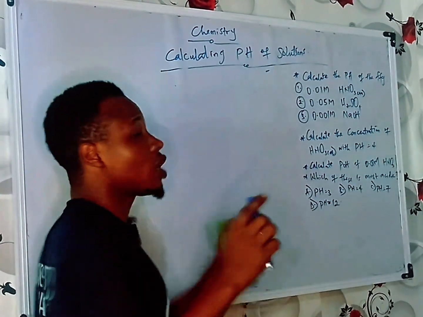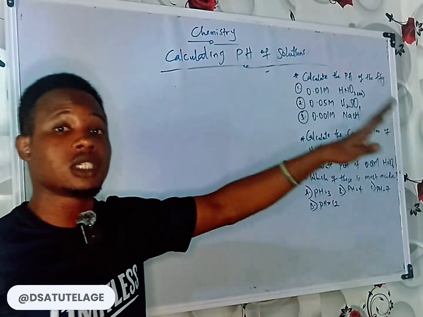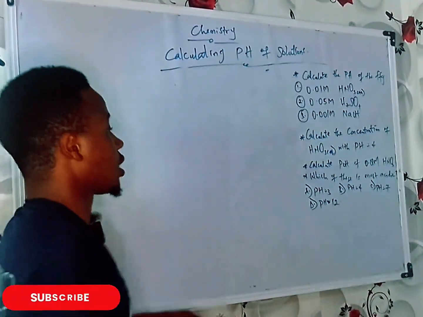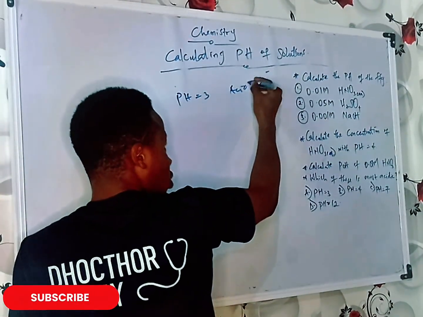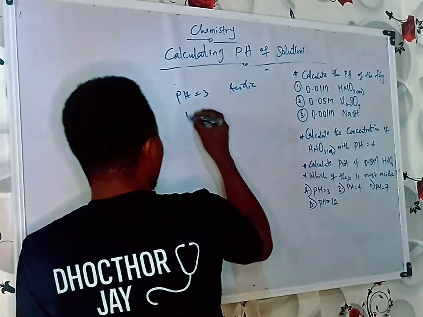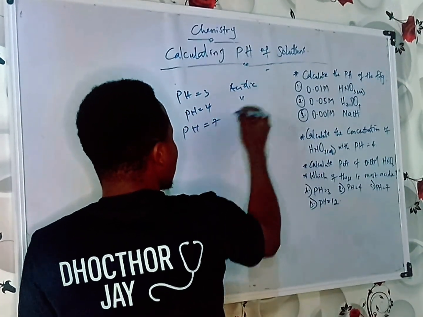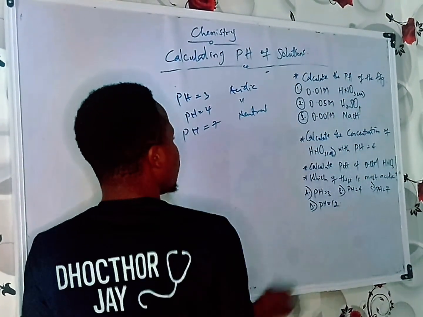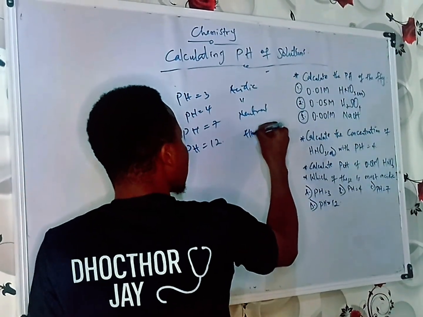Don't forget that on your pH scale, 7 is neutral, greater than 7 is alkaline, less than 7 is acidic. So if you have pH equal to 3, that is what? Acidic, of course. Now if you have pH equal to 4, you also know what that would be. Acidic. Okay, if you have pH equal to 7, what does that tell us? Neutral. Okay, if you have pH equal to 12, what does that tell us? It tells us that it is alkaline.